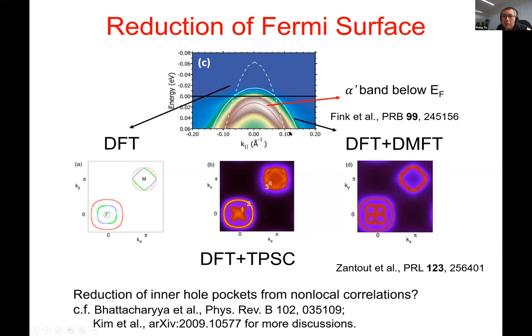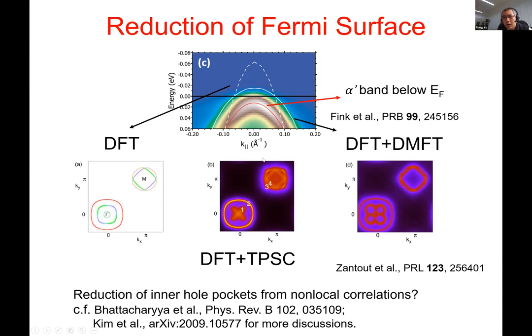However, in the experiment, they find that the lowest band, which is the alpha prime band, which accounts for the innermost hole pocket, is actually below the Fermi level. And even in a study by Professor Rosa Volantis' group, even when they perform this DFT plus DMFT calculation, it doesn't seem to change much from the DFT results.